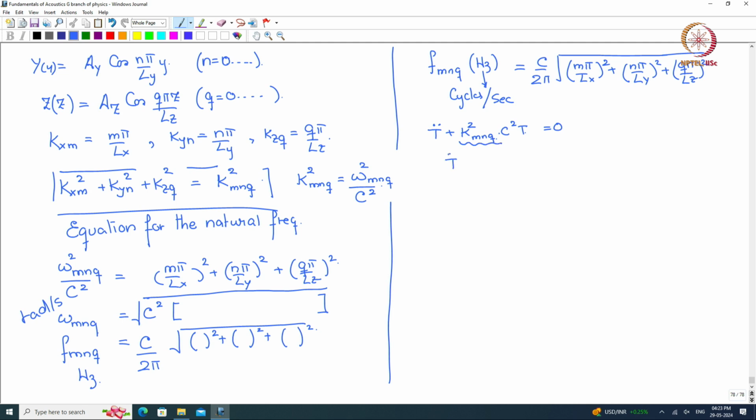So T double dot plus omega squared mnq into T is equal to 0. So that my T of t is equal to a cos omega mnq t plus b sin omega mnq t.